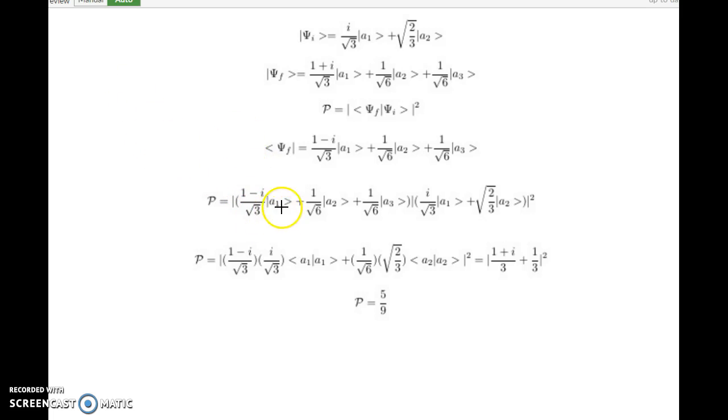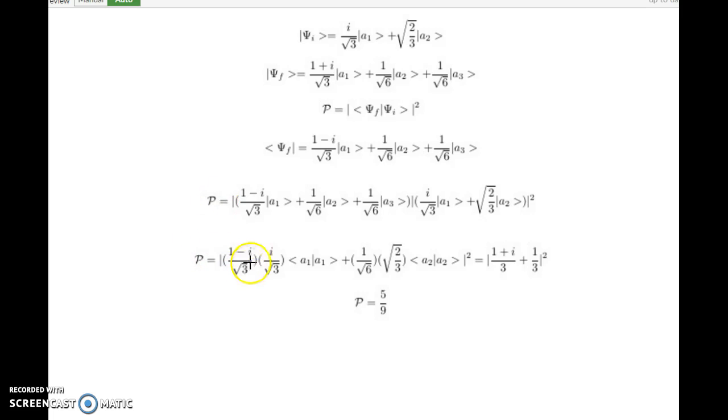Anytime the bra and the ket aren't the same, it's going to be 0 because you can't get an input of A1 and get an output of A2. So all the terms that don't match cancel out, so you're just left with the ones where it's A1 and A1, A2 and A2, and there's no A3 term because there's no A3 in the input.